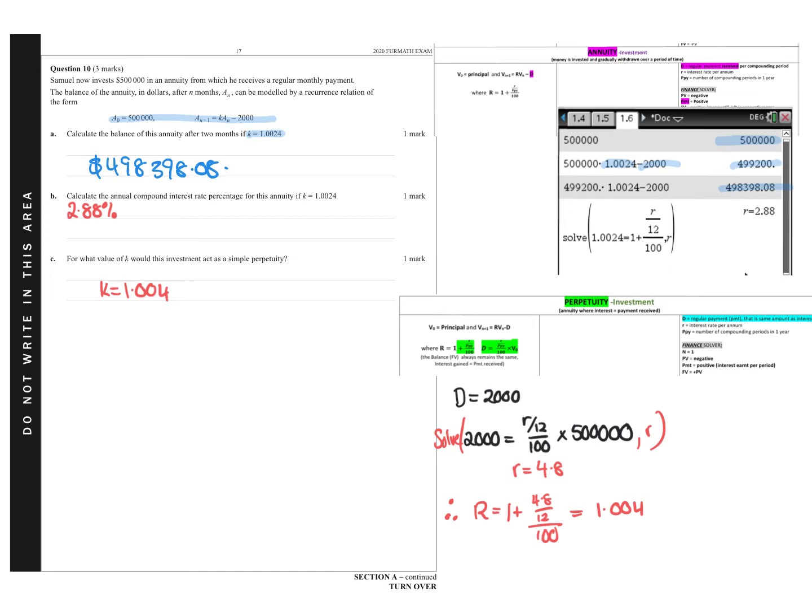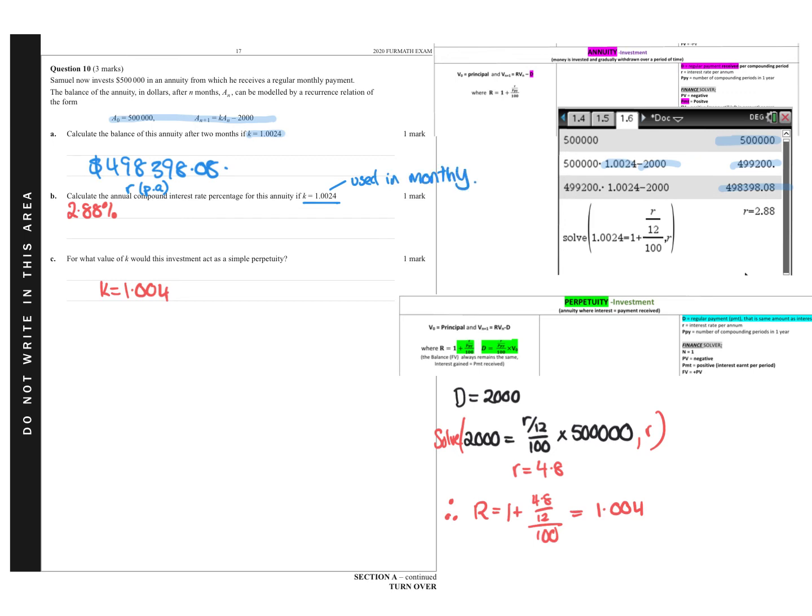Okay. Now it says calculate the annual interest rate percentage for the annuity if K equals this. The annual rate is the rate per annum. Now this K is used in a monthly formula.